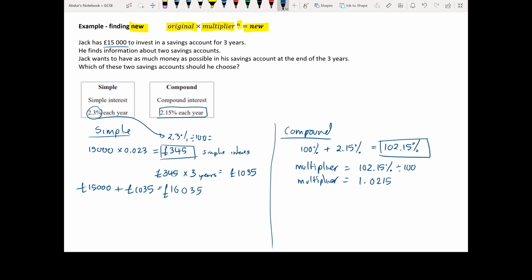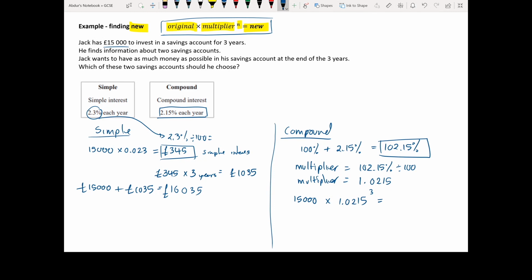Now we can go to our equation and write down the original amount, which is 15,000. Original amount times multiplier, which is 1.0215, to the power of n, where n represents the number of years or months, however the interest is added on. Here interest is added on every year, so it's to the power of 3, since we've got 3 years here. That will give us the new amount.